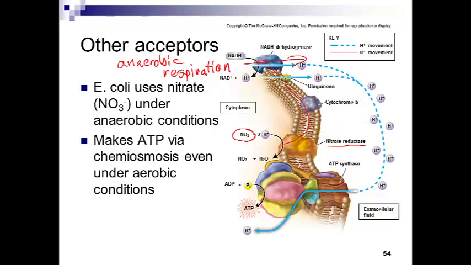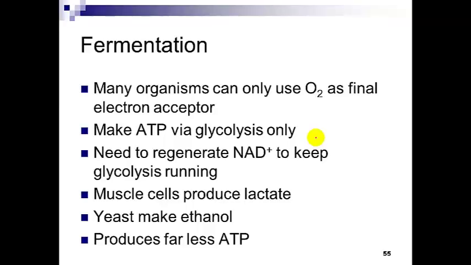Now, what I will tell you is that it doesn't create as steep of a gradient. And because the gradient's not as steep, there is less ATP per glucose generated by anaerobic respiration. Doesn't mean no ATP. It just means there's less ATP due to a less steep gradient difference across the inner mitochondrial membrane.